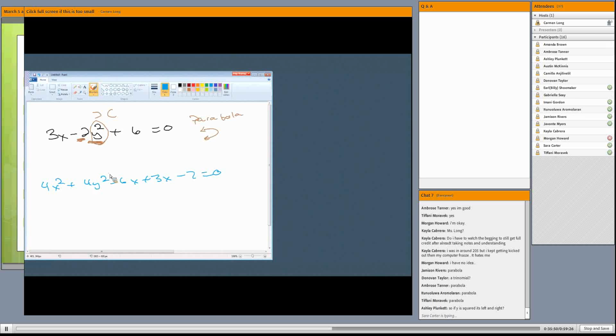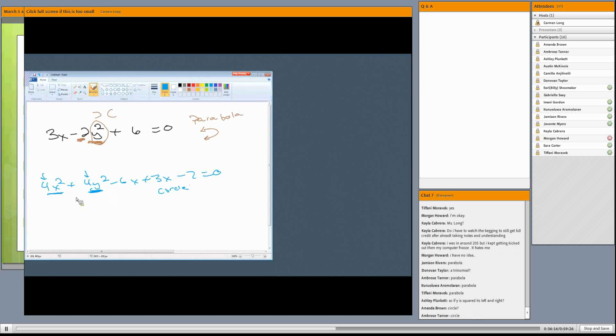Now this one I'm looking at, the y and the x both have a squared term, so I know it's not a parabola. And the coefficients of them are exactly the same. So I know it's a circle. Yep, that's right, Amanda. Good. It's a circle.